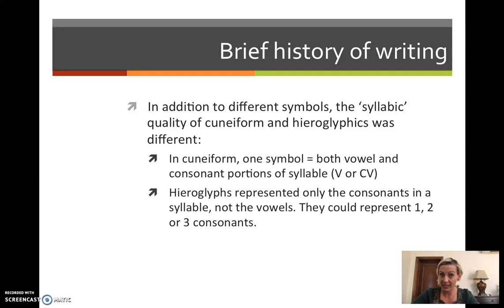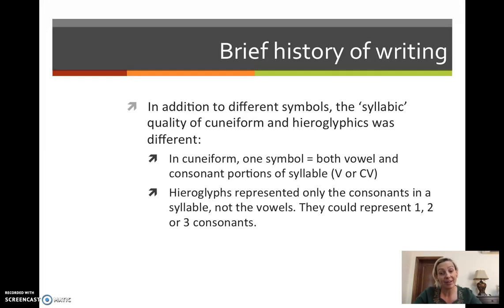They had different symbols than cuneiform, but there was one more important difference. So even though they were both syllabic, in cuneiform, one symbol stood for both vowel and consonant. So if there was a consonant, say k, and the vowel a, the syllable was always ka.